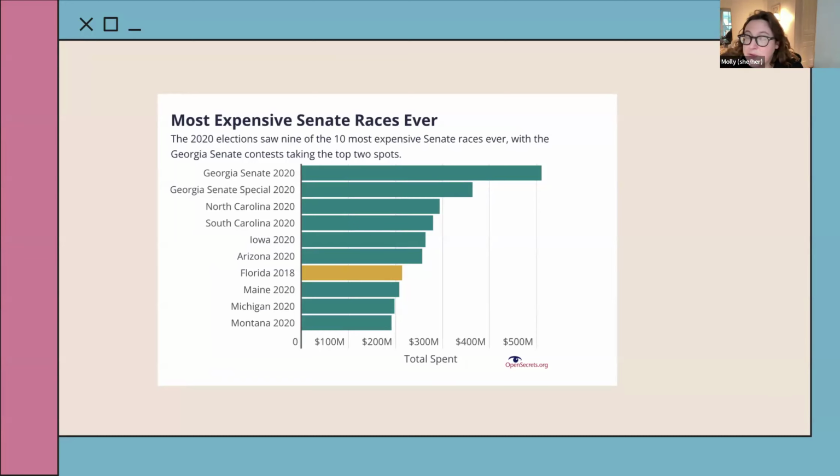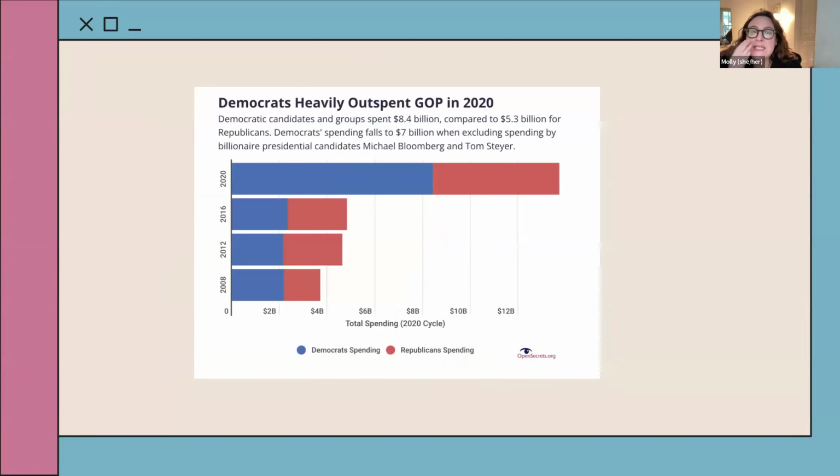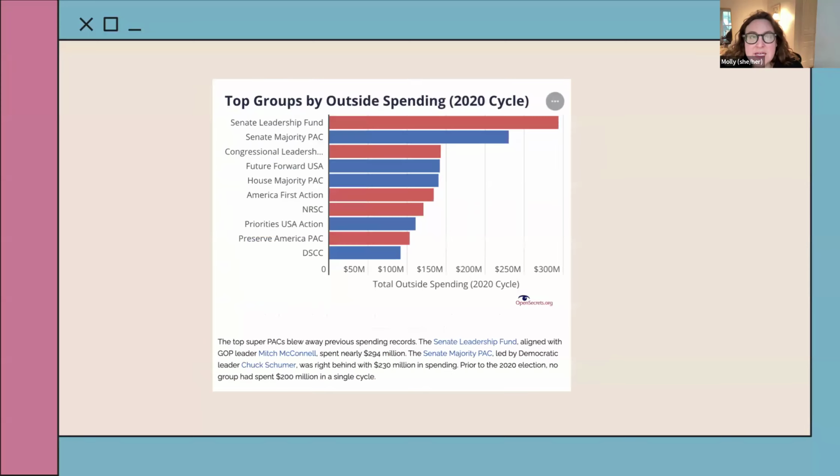Again, every year, it seems like there is a new record broken for the most expensive judicial races.